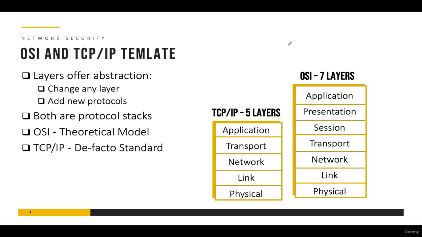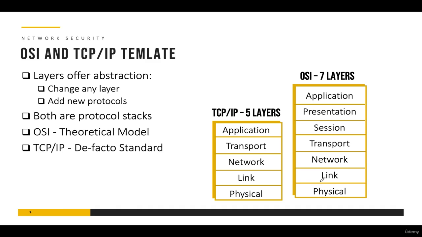And there's a reason for that. Even though OSI does not actually exist in real implementations, it did provide the theoretical foundations on which the TCP/IP protocol stack, which is actually implemented these days, works. So basically, TCP/IP was built on the foundations provided by OSI. And that's why we still refer to different layers of OSI from a conceptual perspective.